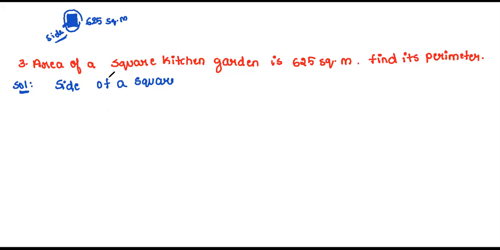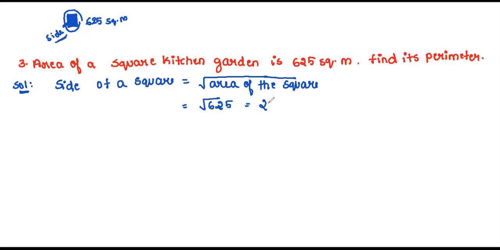So the side of the square is equal to the square root of the area of the square. They have given you the area, that is 625. When you take the square root of 625, how much will you get?